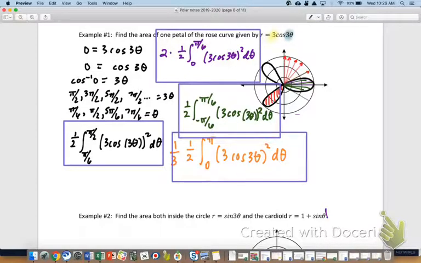For instance, I'm not going to say, let's find 1/16 of the petal's area with really odd, strange angles and then multiply the whole thing by 16. It's never going to be that. It's going to be, let's go from negative pi over 6 to pi over 6, or let's find the area of the whole thing, but then the answer is basically just 1 petal times 3. That makes sense?